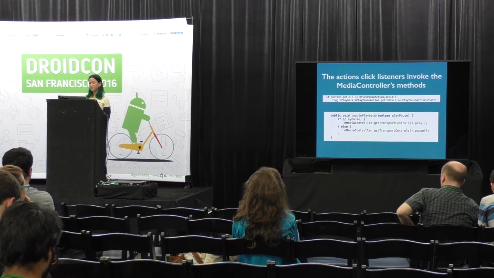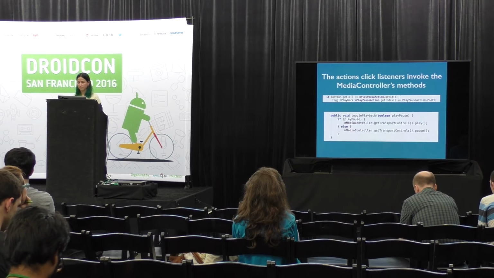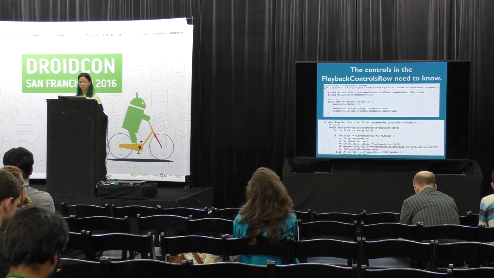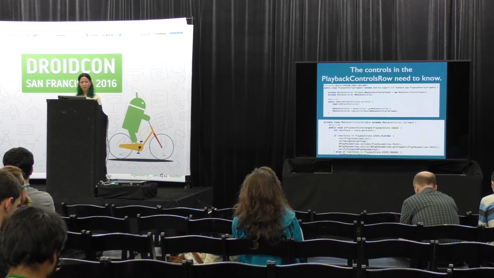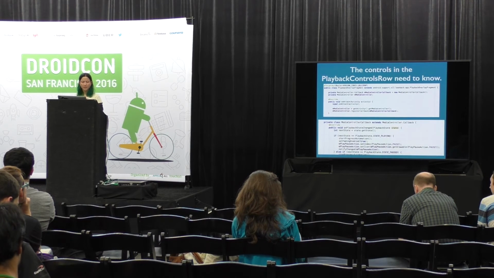It's as if saying, hey, media controller, I clicked play or I clicked pause. And the way back is in the fragment, I created the media control callback, which will get the information of what happened to the media session, receive these notifications, and change the actions in my action row accordingly.